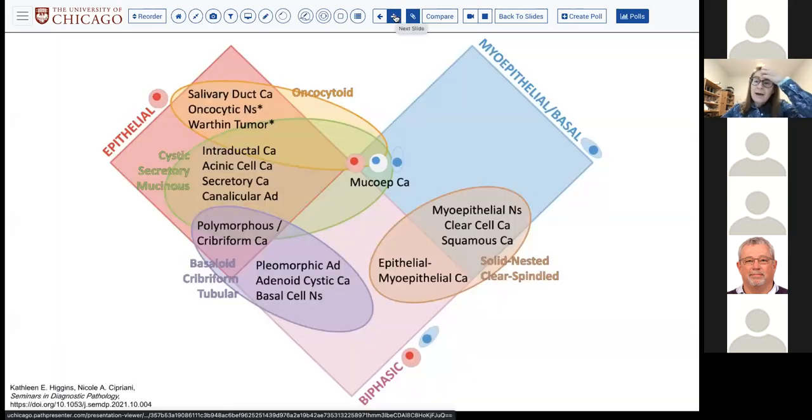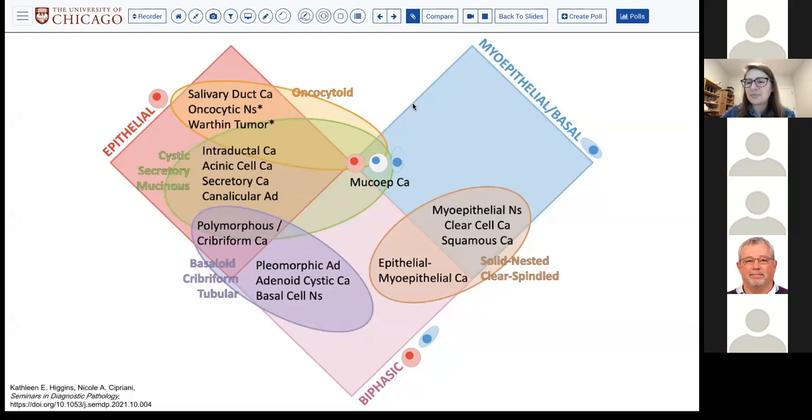I don't know if Katie's on this call, but our former fellow Katie Higgins and I wrote a recent paper, a review of immunohistochemistry and select use of genetic testing in salivary gland tumors.